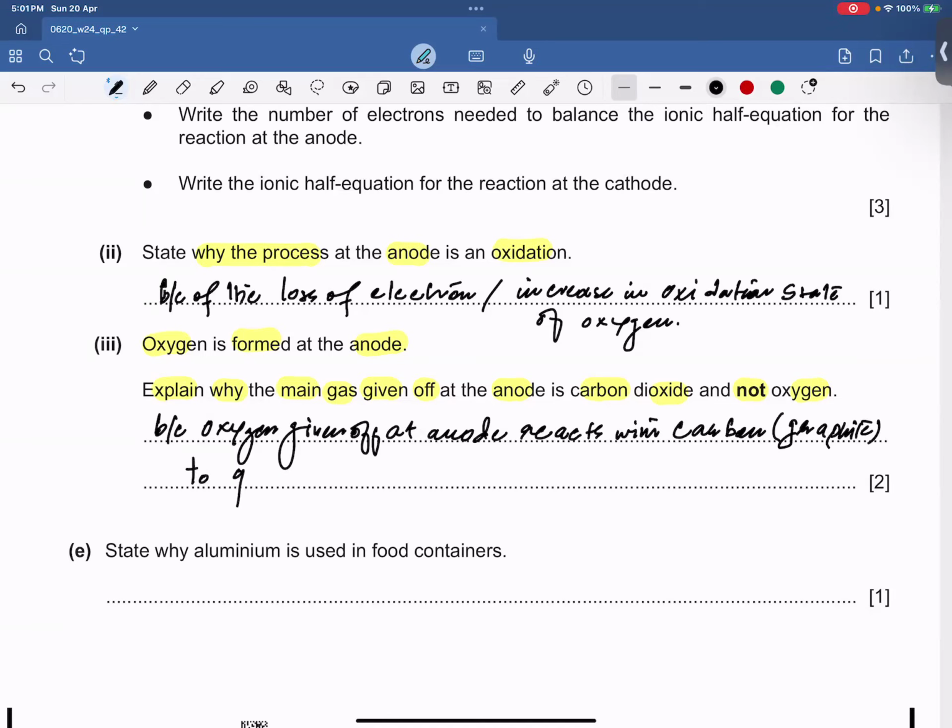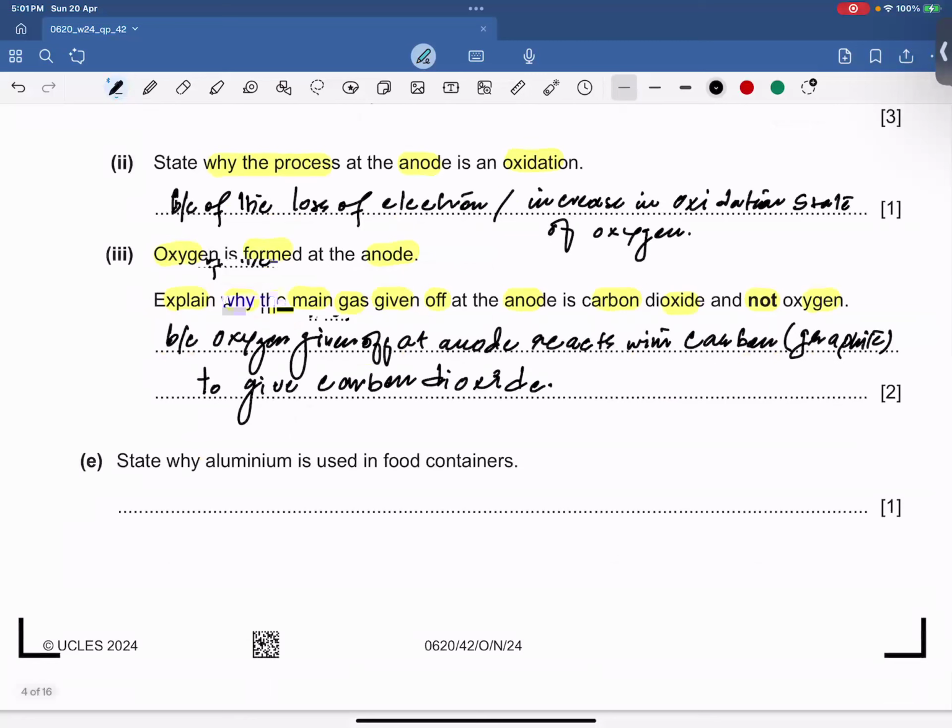to give carbon dioxide. State why aluminum is used in food containers. Because it is resistant to corrosion.